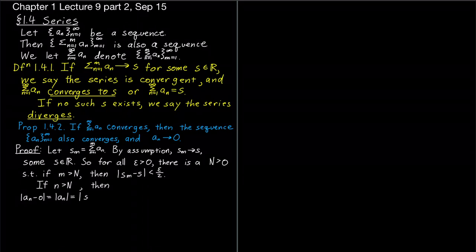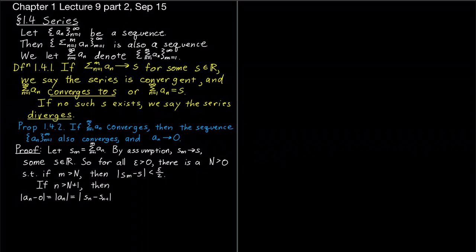But then we can write this as S_n. You add up the first n and then you throw the rest of them away, S_{n minus 1}. Let's make this n bigger than N plus 1 actually.